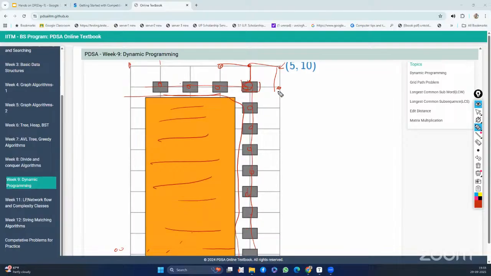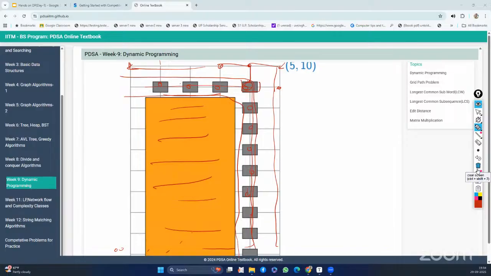In this case, your recursive call will only move along this side till this point, and this highlighted part will not be calculated by the top-down approach. So in this type of scenario, the top-down approach is better than the bottom-up approach. Here this is more efficient. Both are dynamic programming approaches.